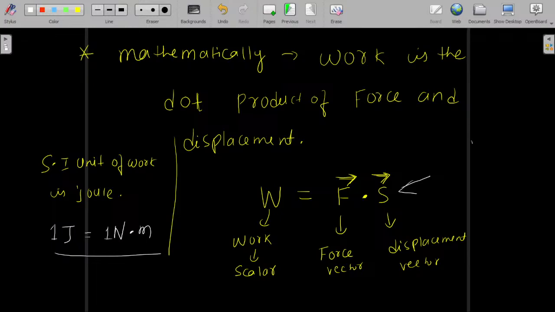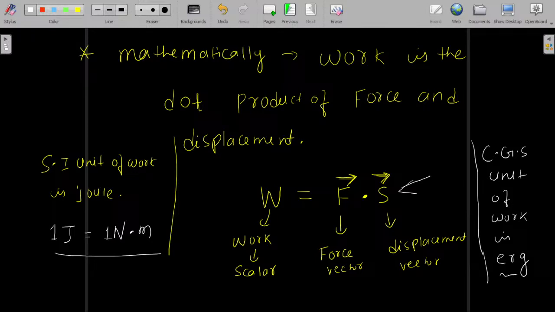Again, you note one more point, CGS unit of work. CGS unit of work is ERG. And 1 ERG is how much?